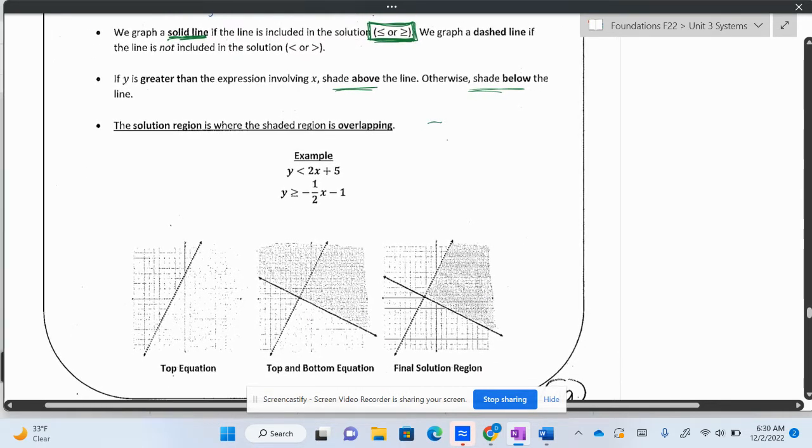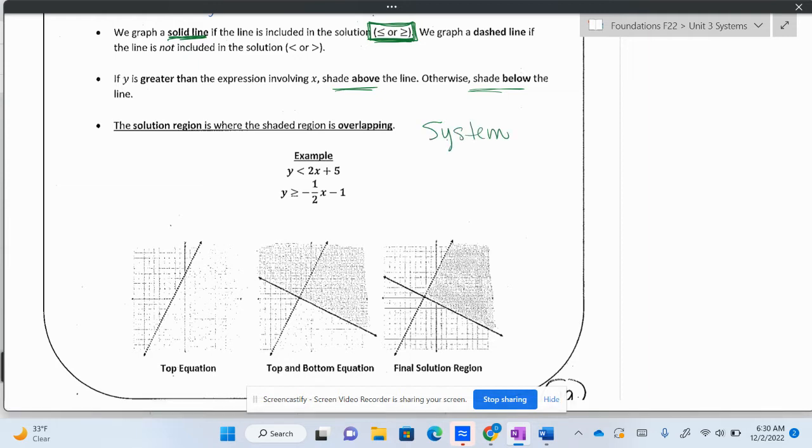So when we talk about a system, we're going to have two equations. I know that you can't see the color, but I just want to show you. So let's imagine that this is our first inequality. I'm going to write this equation here so you can see it. So this is the equation y is less than 2x plus 5.